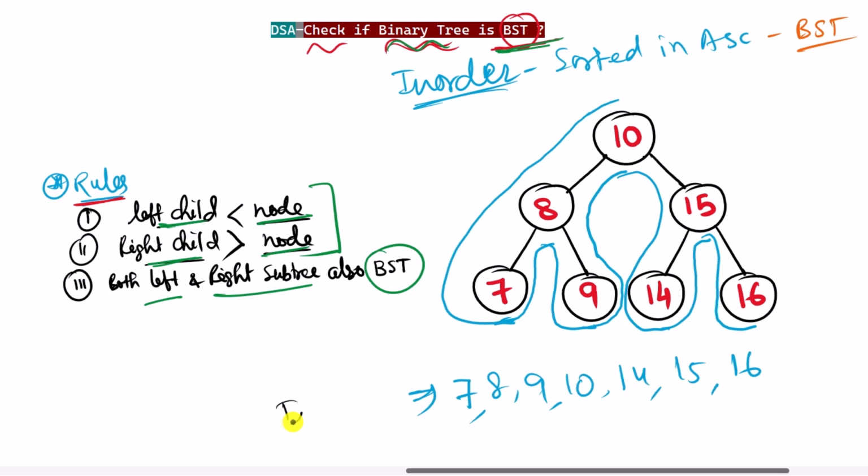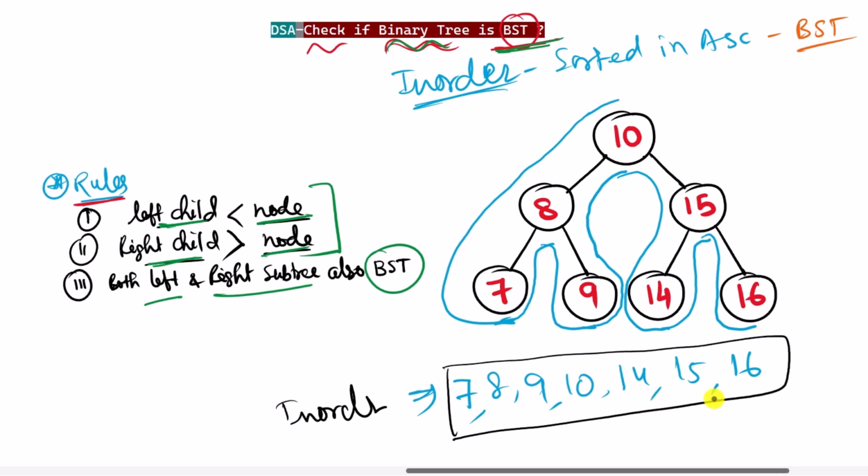So this is our InOrder traversal, and you can see here all the numbers are sorted in ascending order. That means we can say that this is a binary search tree.